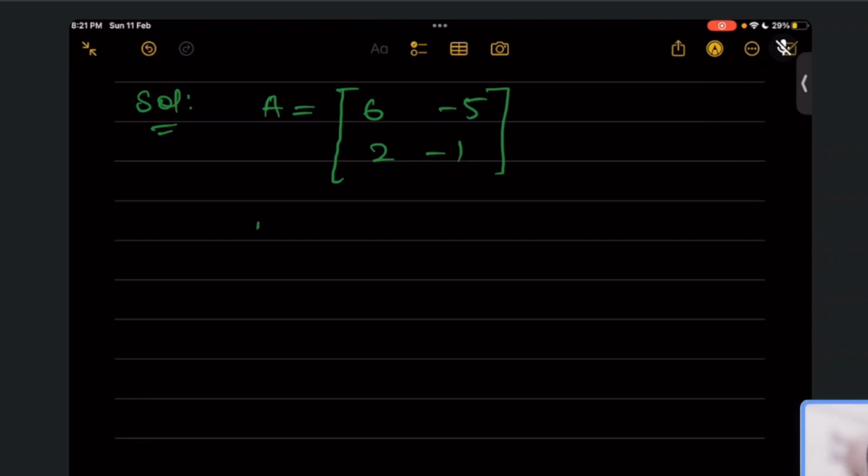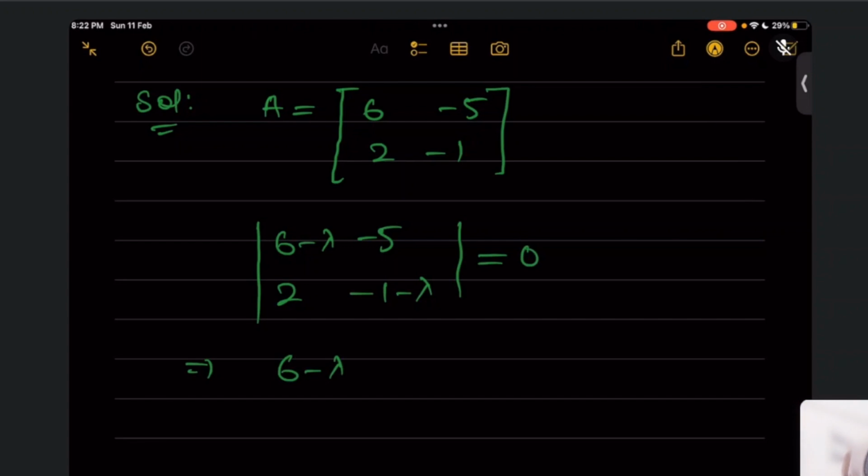It will be the determinant of 6 minus lambda, -5, 2, -1 minus lambda, which gives lambda square minus 5 lambda plus 4. Give me the values of lambda, those are the eigenvalues, no? 1 and 4, right? Yes, that is correct.